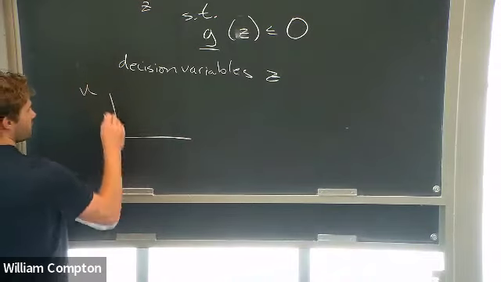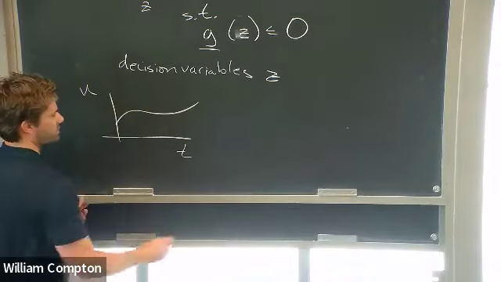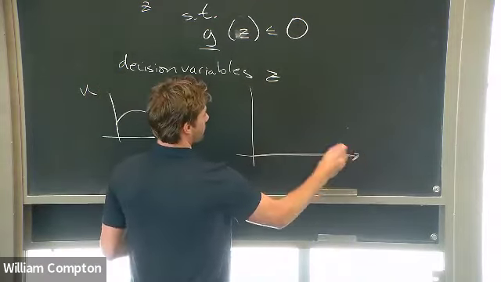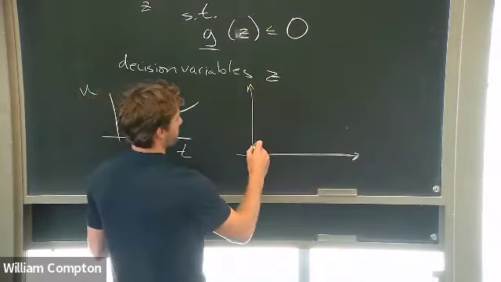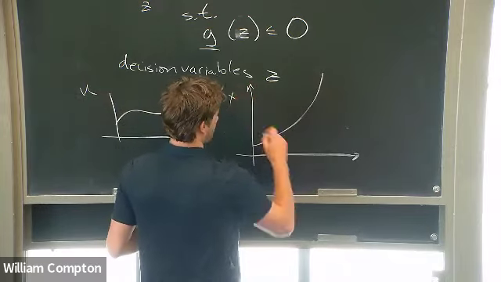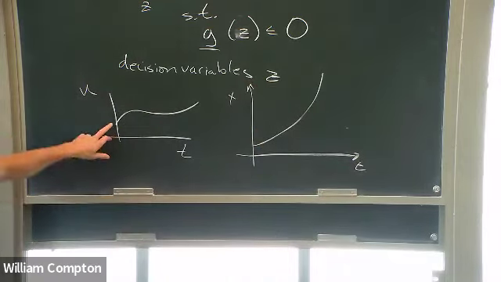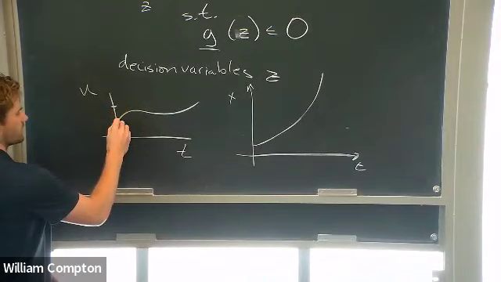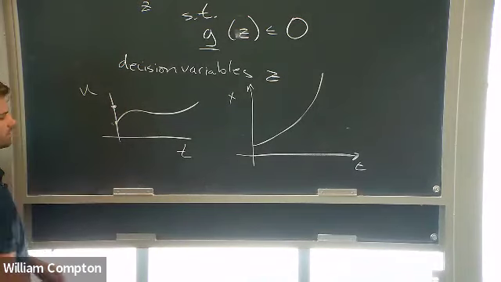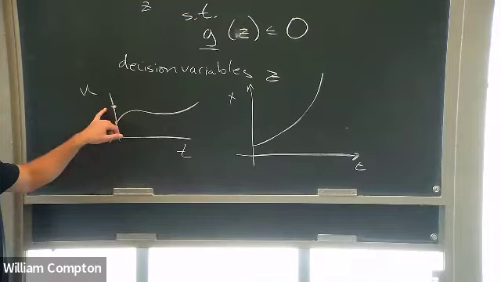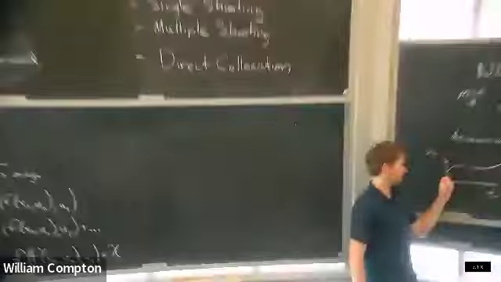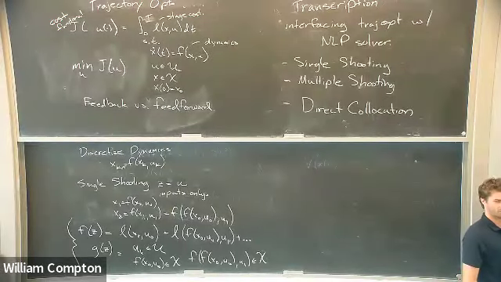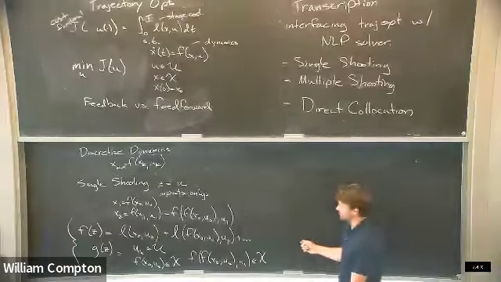If you think about this as the input, and say I take some input to my system, and then I integrate it, and I get an output, or the state x. If I change an input way back at the beginning, so let's say I take this input and jump it up to here, what that does can have massive impacts on where the system ends up evolving in the state space, because that input u impacts the entire rest of the iterative dynamics.